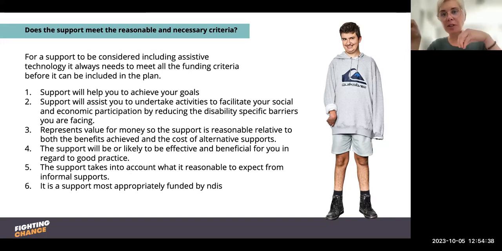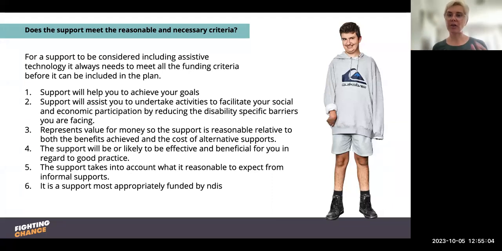That is the responsibility of the education department or of the workplace to fund. When it comes to health, same thing. If it's something that's used everywhere, like a power wheelchair, NDIS will fund that. If it's something specific to health, like, say someone's in hospital, then that is the responsibility of health to fund.